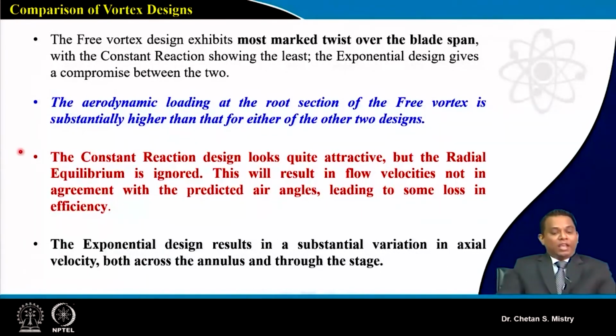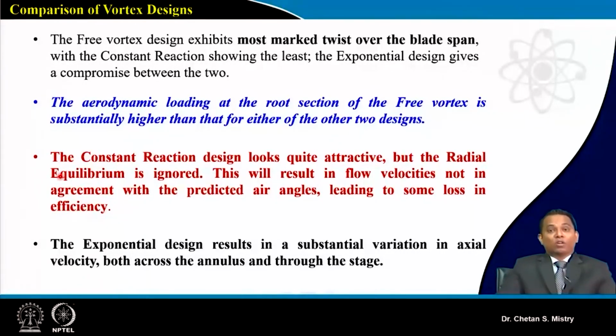Okay. Next, it says my aerodynamic loading at the root section for free vortex is substantially higher, and that's a challenge in doing the design, because that's where I'll have more chances for my flow to get separated. At the same time, the design of the stator for that particular station will also be very challenging.